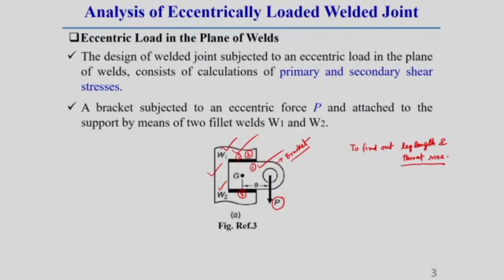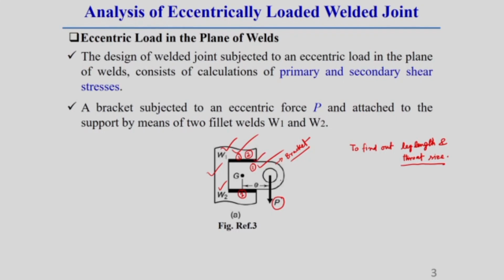Now, here it is not a transverse or parallel type of load. This load is eccentric in nature. Eccentric in the sense that, instead of passing through the CG of that weld, it is passing at some eccentric distance from that weld. That means it is subjected to some load which is away from the weld region.